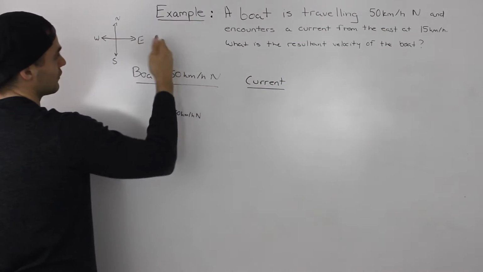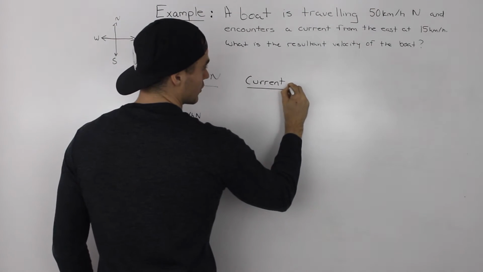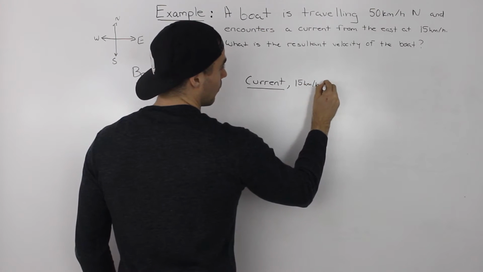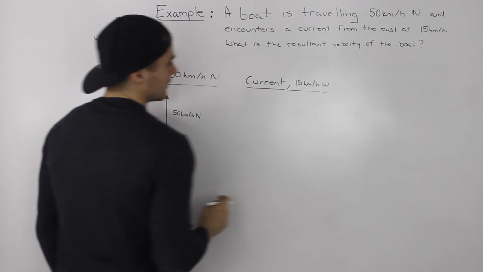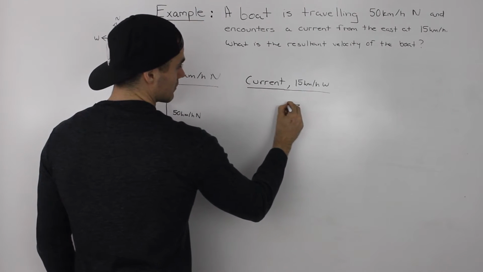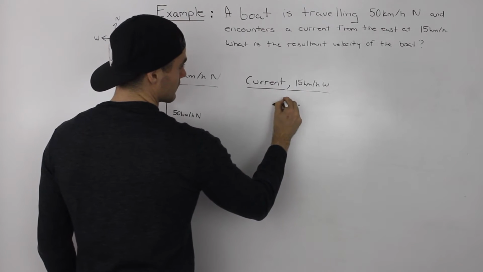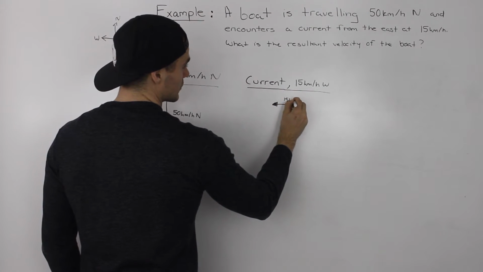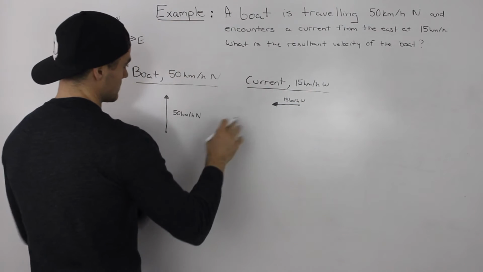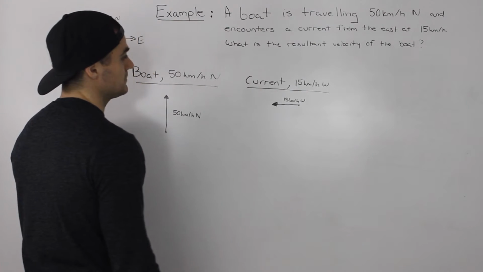So the current is 15 kilometers per hour west, and we can draw that vector like this. This is 50, this is 15. These may not necessarily be to scale, but they should be.